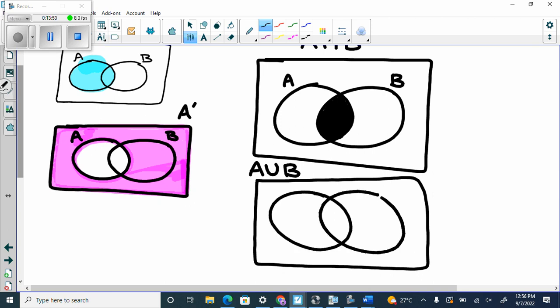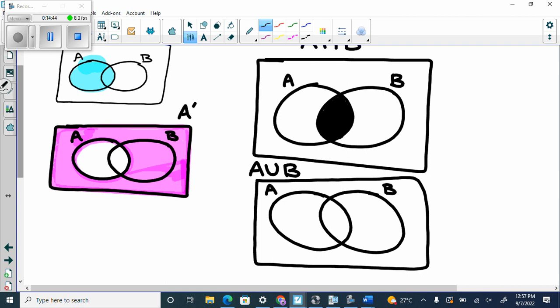Now I want A or B. So remember with or, if it's in either or it's in both, I list it.